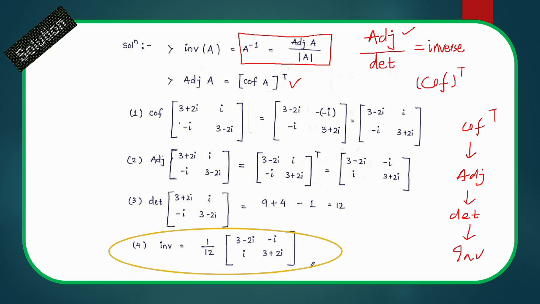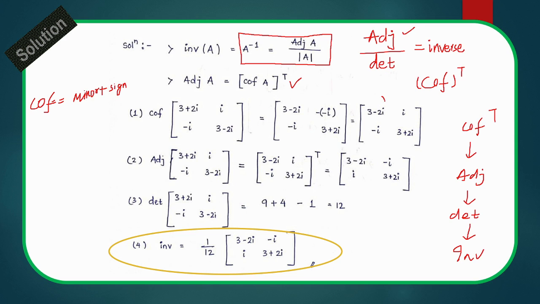So here we have first found the cofactor matrix. The cofactor is nothing but the minor with signs. So find the minor and apply the signs.